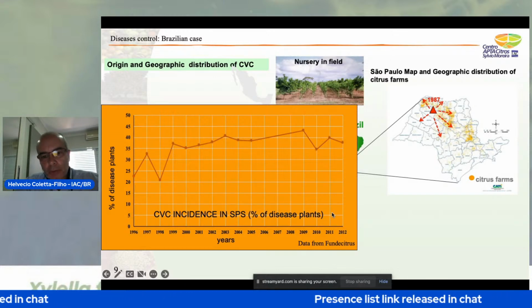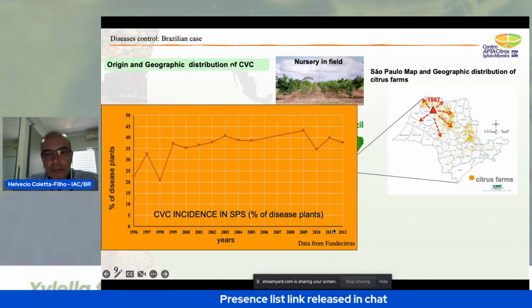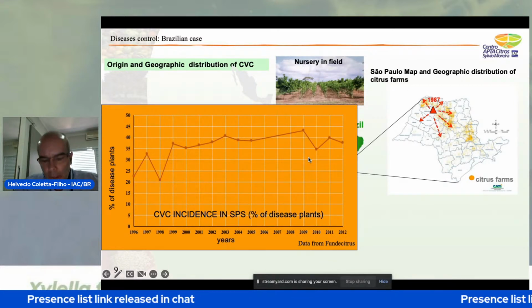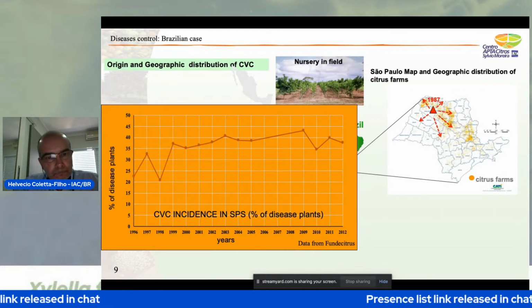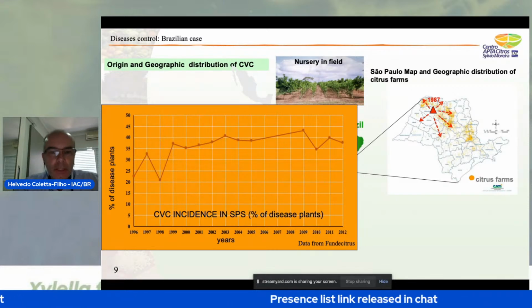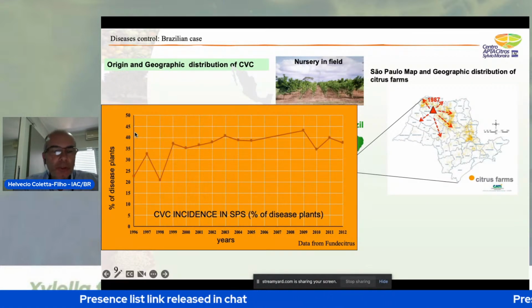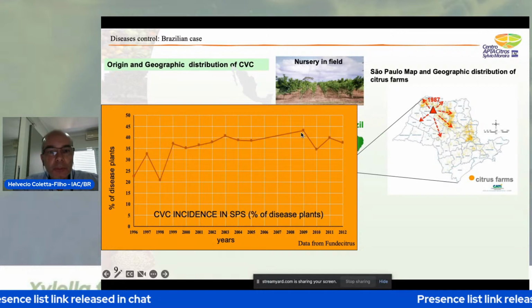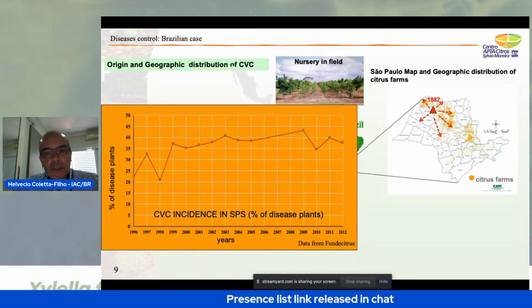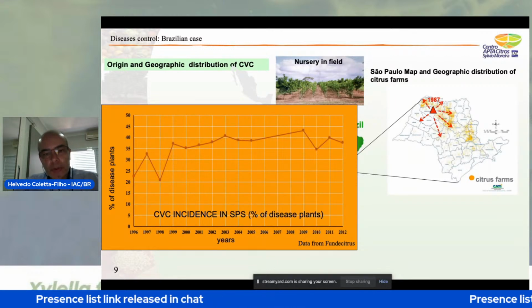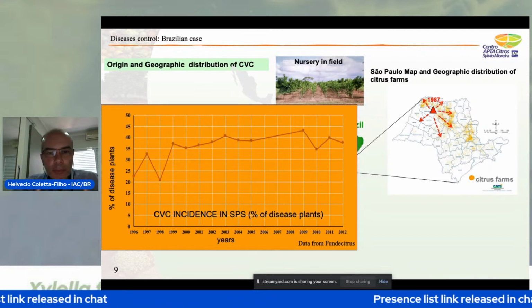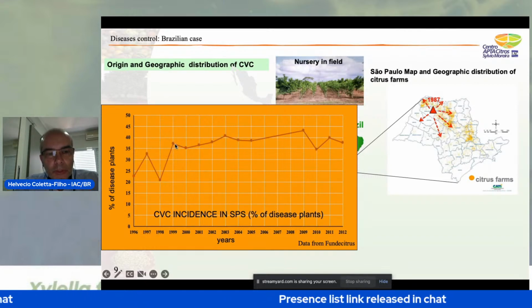In 2009, almost 2010, the incidence was highest in São Paulo State, almost 43% of plants with CVC symptoms.